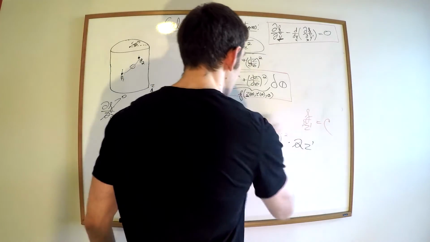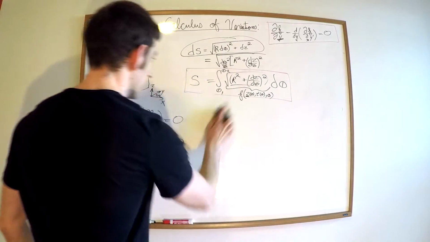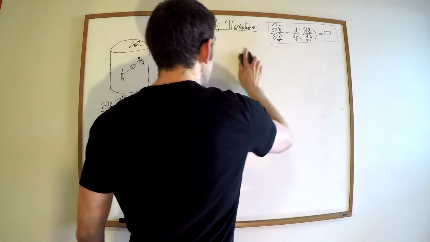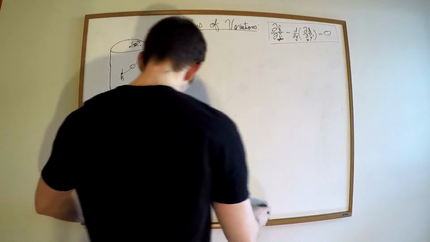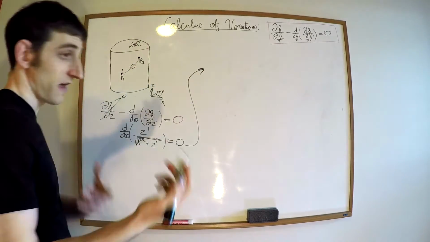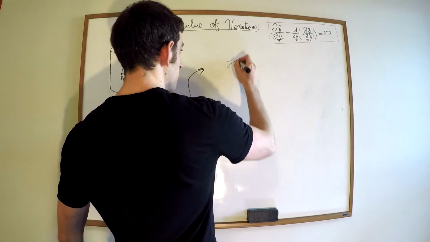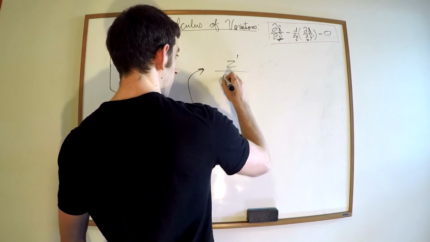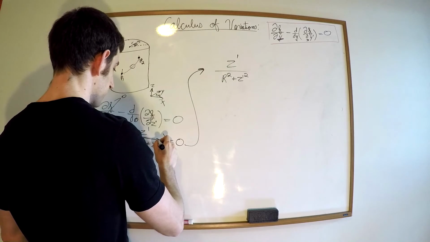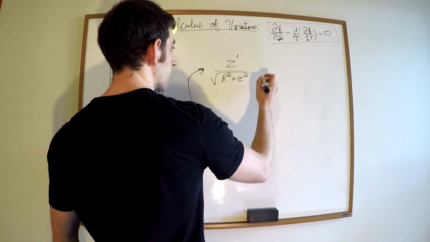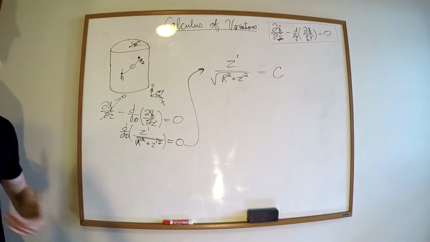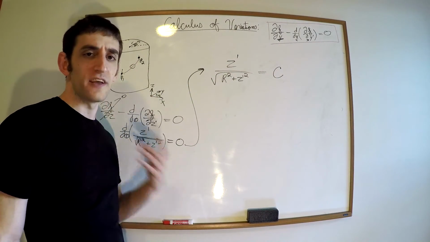So let's continue with the problem. I'm going to get some more board space. Next, we can take advantage of that fact I just proved. We say z' over the square root of r squared plus z' squared is equal to a constant c. So how do we proceed from here?